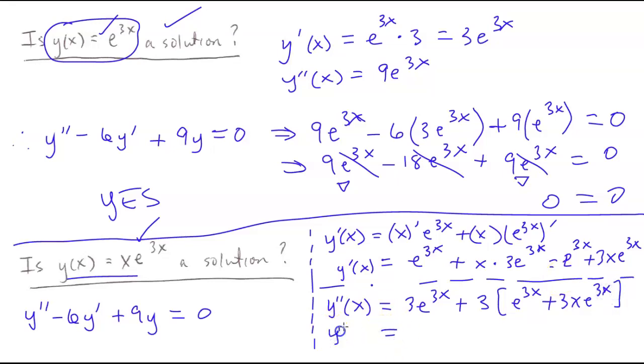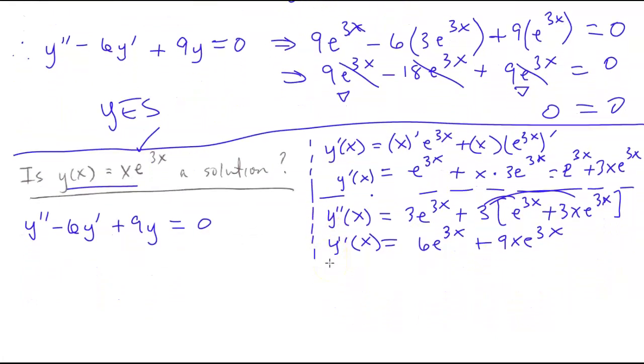Of course, we'll go ahead and simplify that. So we've got e raised to the 3x here, plus another e raised to the 3x there, which is 6e raised to the 3x. And then we have 3 times 3, which is 9x e raised to the 3x.